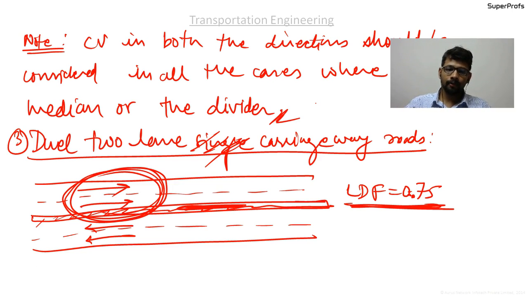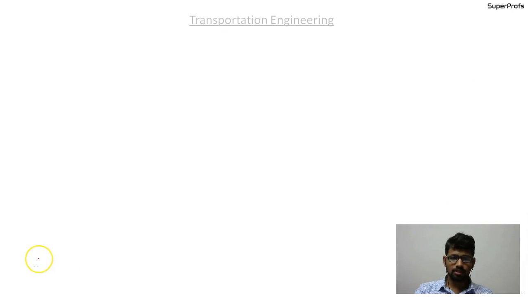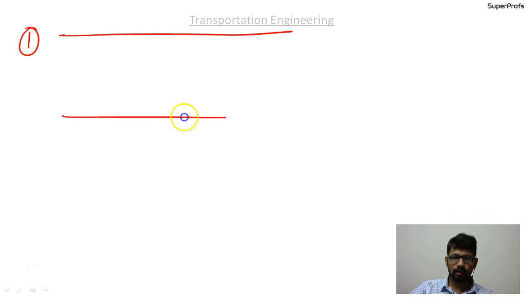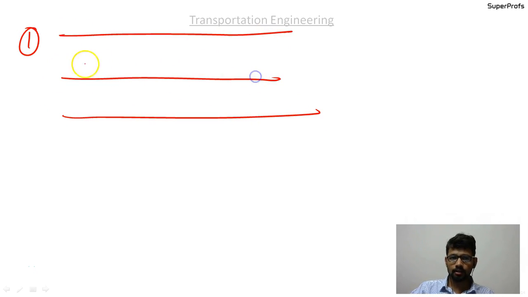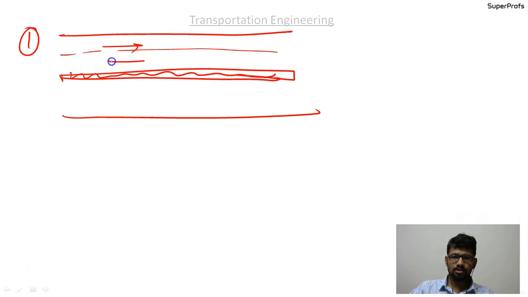So we will be taking up numericals based on this. We still have some time left, so let's take numericals. Suppose there is a road like this, and there is a divider over here like this, and in this direction there are 4,500 commercial vehicles per day.